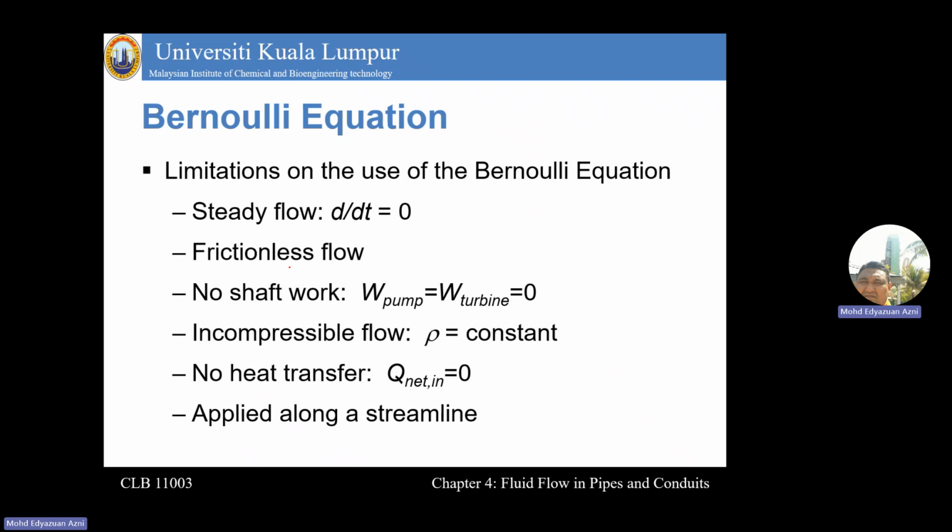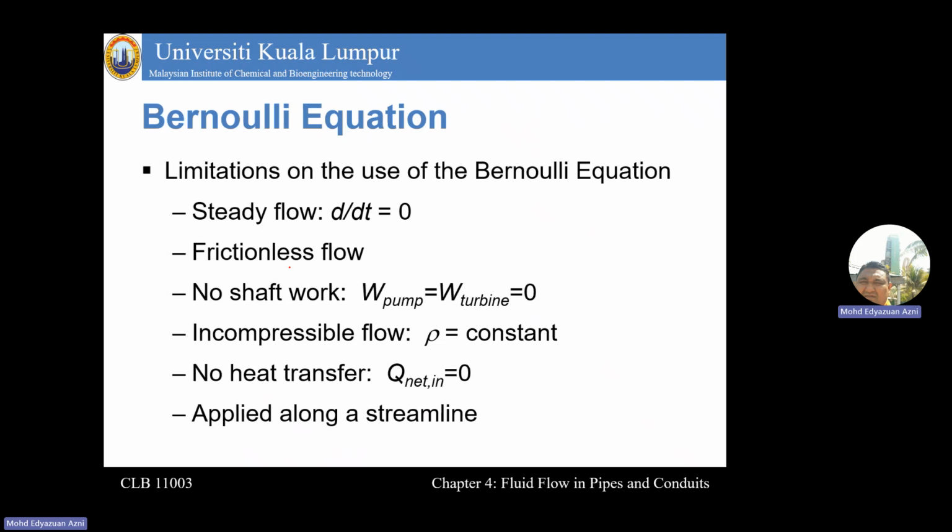Then the flow is frictionless, so we neglect the friction effect. There is no shaft work, so we do not consider work from, for example, a turbine or a pump. We only consider what is happening inside the pipeline.